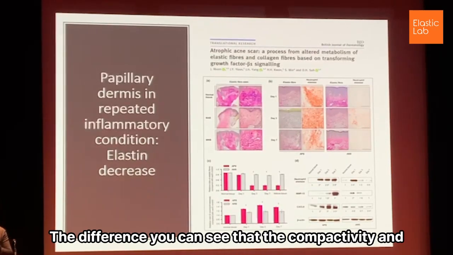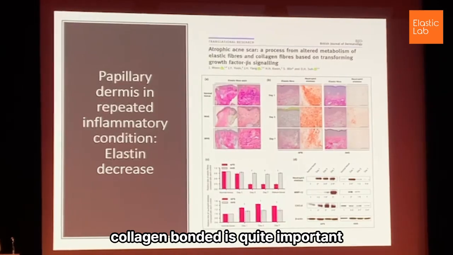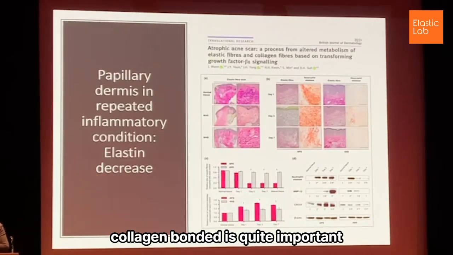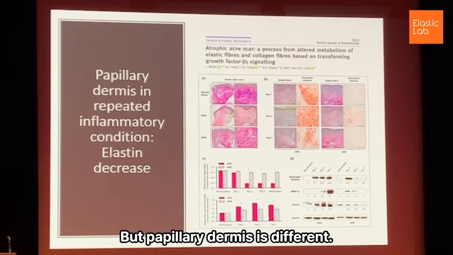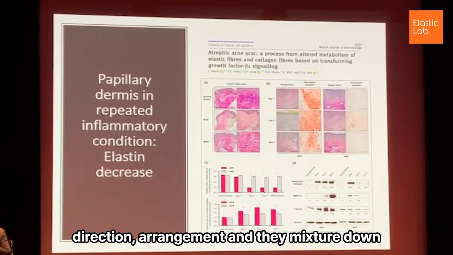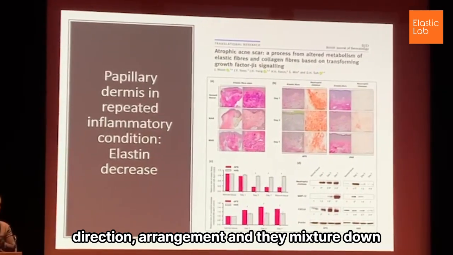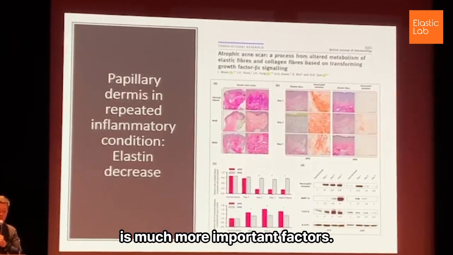In the deep dermis, the conductivity and the amount of collagen bundles are quite important factors to maintain our structure. But for the papillary dermis, it is different. The organization, direction, and arrangement, and the mixture with the elastic fibers, are much more important factors.